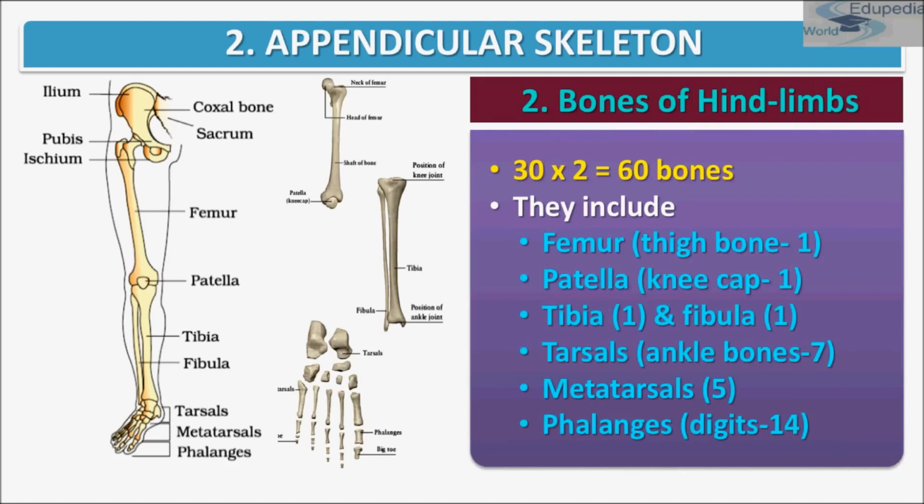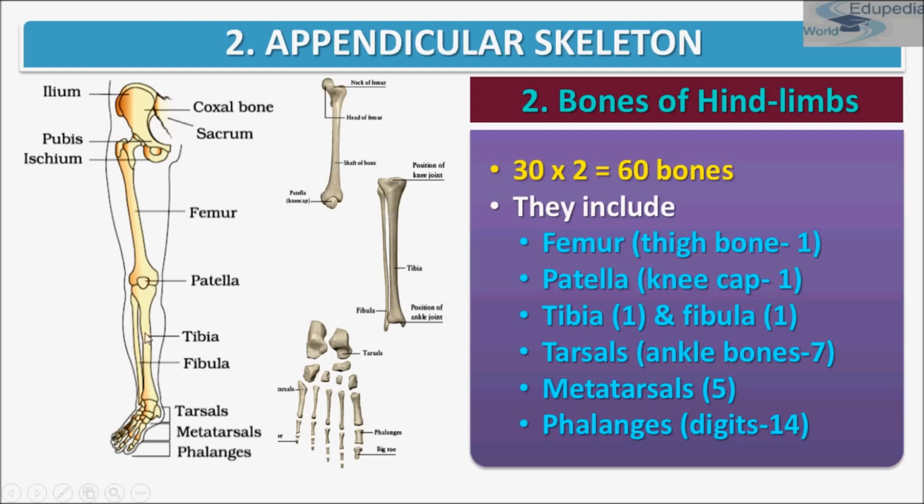So they are also 60 in number, just like the bones of the forelimb. Now comes femur. Femur is the thigh bone. See, this is your thigh bone, and it is 1 in number. And then comes patella. Patella is the kneecap, which is again 1 in number.